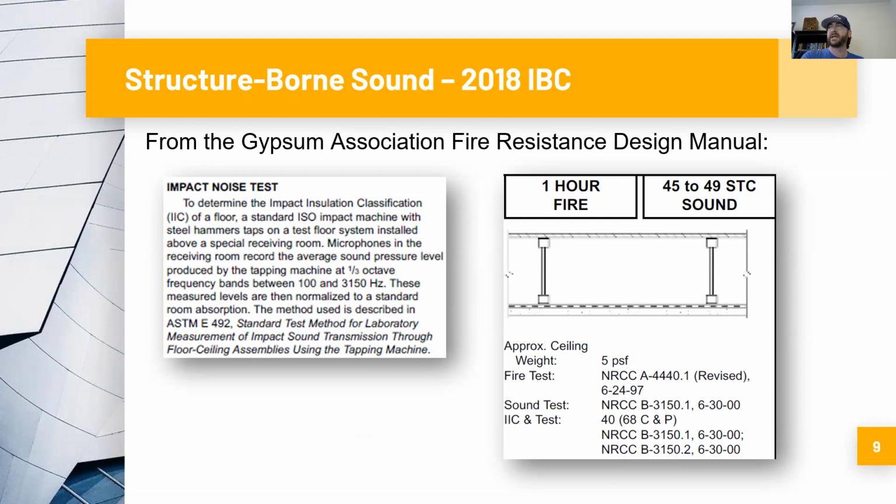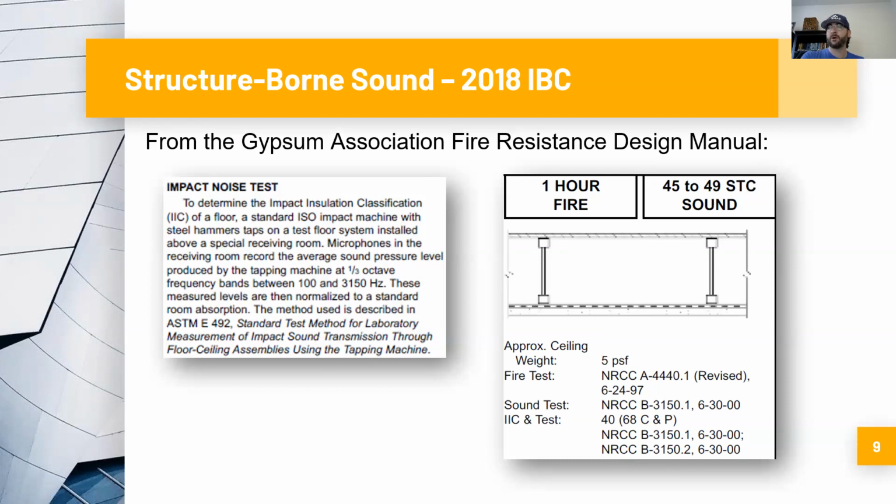But specifically in this case, we're looking at the IIC. And if you look at the bottom part of this detail, you'll see it's got a little IIC and test. And then you look to the right and you see that it only has a 40 on the IIC. So this particular type of assembly doesn't really have much to offer as it relates to impact insulation. But just so you know, that's where you would find it.